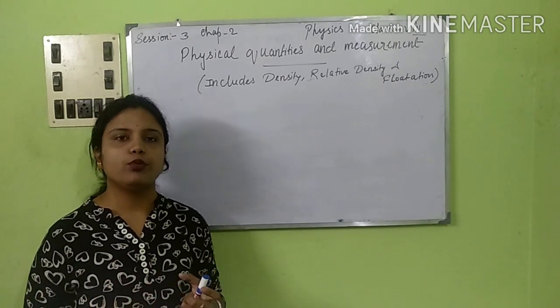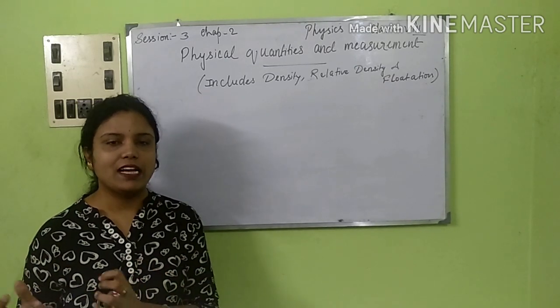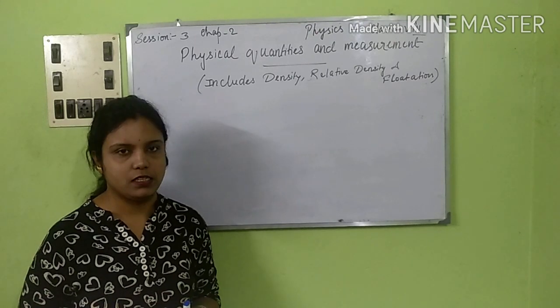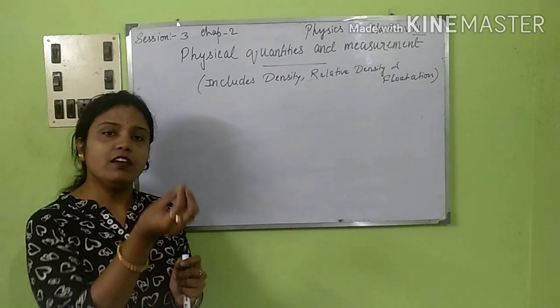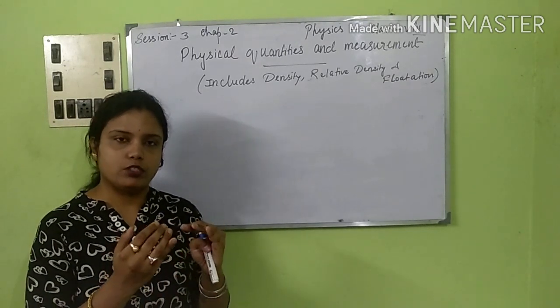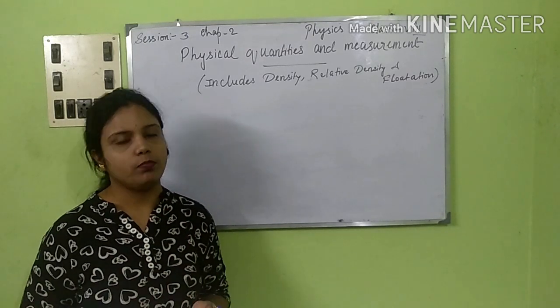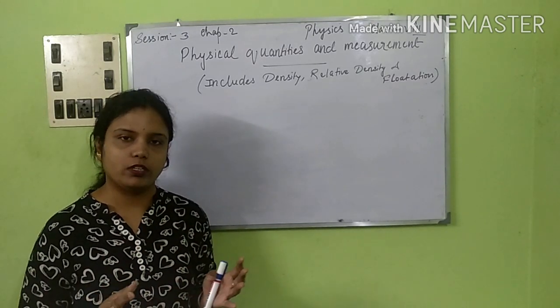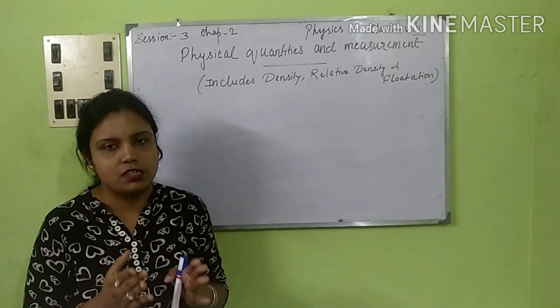This upthrust or buoyant force is equal to the weight of the liquid that the body has displaced. It has a tendency to make the body float in the water or the liquid. If the buoyant force or upthrust is greater than the weight of the body, it will make the body float in the liquid. So these are the two forces acting on a body immersed in a liquid.